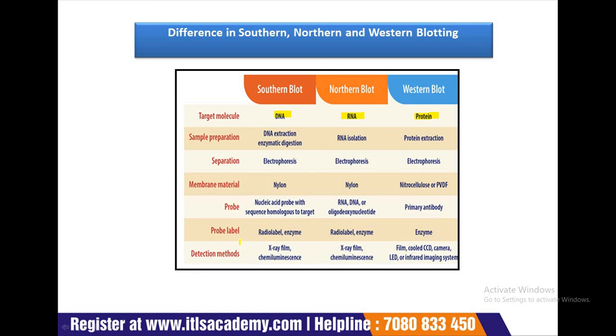For probe labeling we use radiolabels or enzymes, in RNA we use radiolabels and enzymes, and for proteins only enzyme-labeled probes. The detection method in Southern blotting is X-ray film or chemiluminescence, and Northern blotting uses the same, but for proteins we can use films or a camera, LED or infrared imaging system.